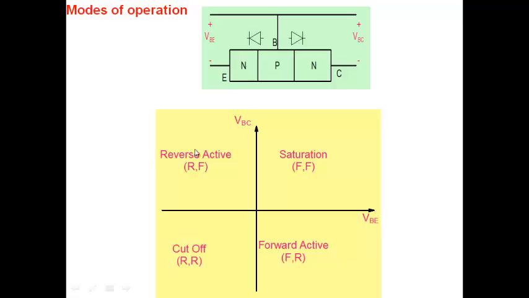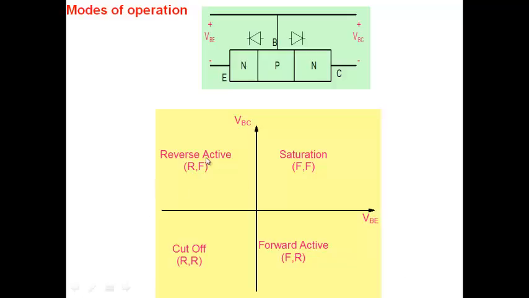Reverse active is a poor version of forward active. You don't get any gain or any advantages by operating a transistor in reverse active, because forward active in almost all aspects is better than that. So if you're looking for transistor characteristics specific to active mode, you might as well operate in forward rather than reverse.